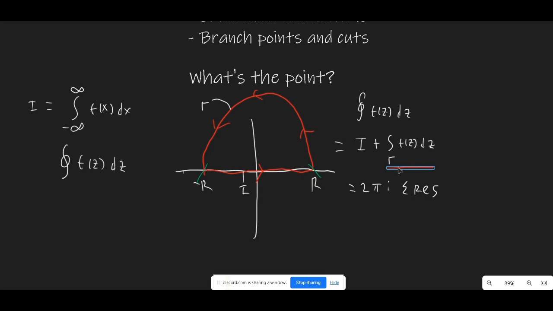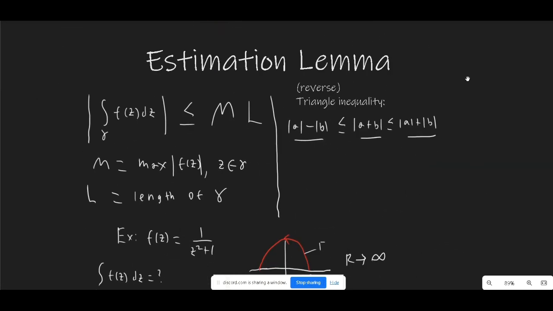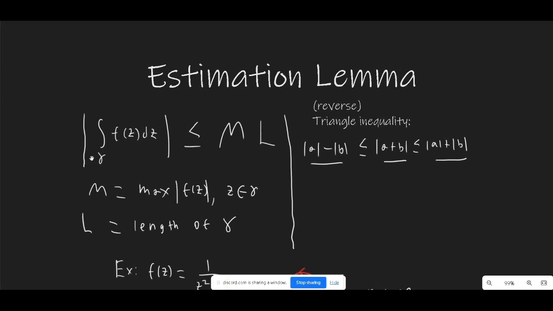So let's go ahead and jump right into the estimation lemma. The estimation lemma is very straightforward and pretty logical. It just says that the absolute value or modulus of the integral over some curve gamma of f of z dz is less than or equal to M times L. Now M is just the maximum of the modulus of f of z, where z is some point on that curve gamma, and L is just the length of the curve gamma.